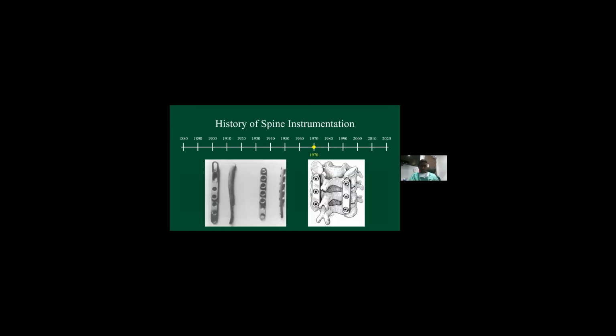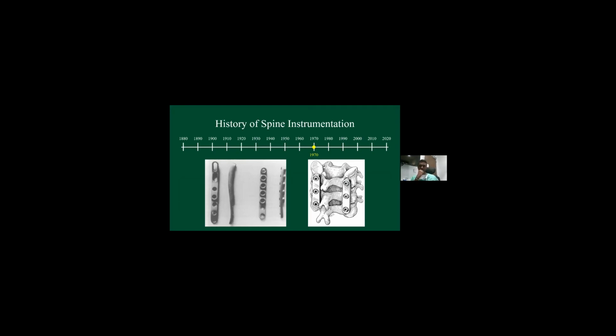And in 1970, there was another addition in terms of new materials to spine instrumentation, and that was with Roy Camille. They developed this plating system that could actually be used to overlie the pedicles and the lateral masses, and the screws would pass through the pedicles and the lateral masses. He initially designed the plates out of stainless steel like everyone else did, but he also began to use what was a pretty new material at the time, Cobalt Chromium.